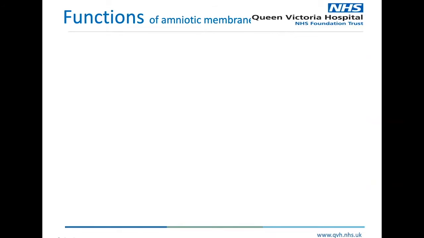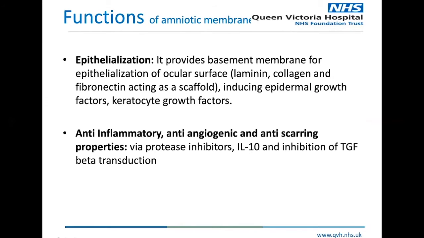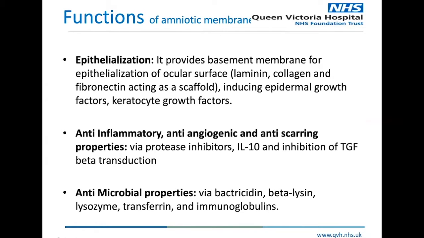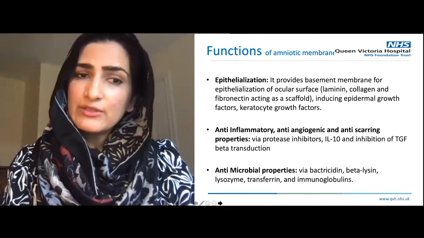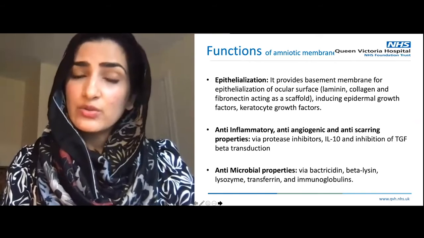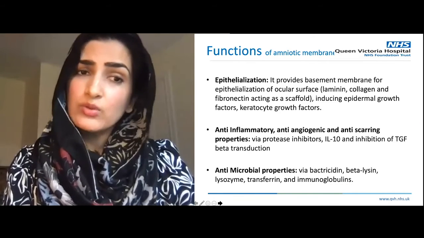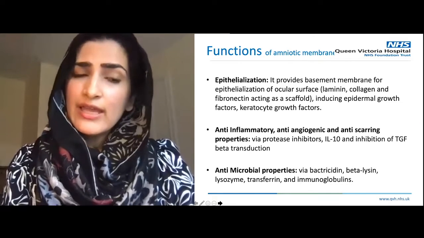These are some of the functions which have been widely discussed in the literature. First is epithelialization, because it acts as a substrate or basement membrane for the epithelial cells from the cornea to grow over it, acting as a scaffold in this whole process. It has epidermal growth factors and keratinocyte growth factors, which help promote epithelialization as well.